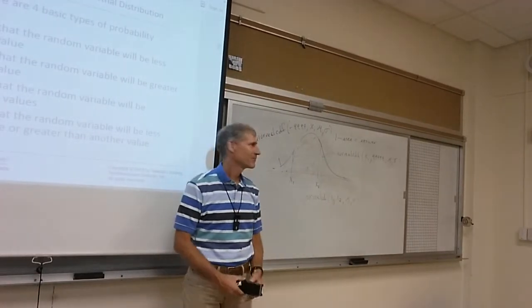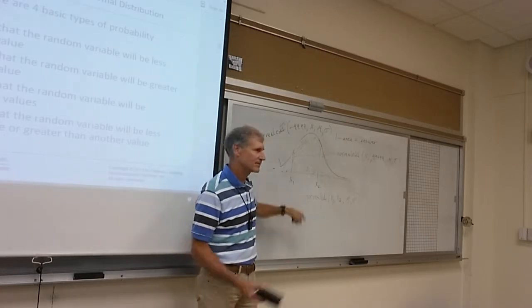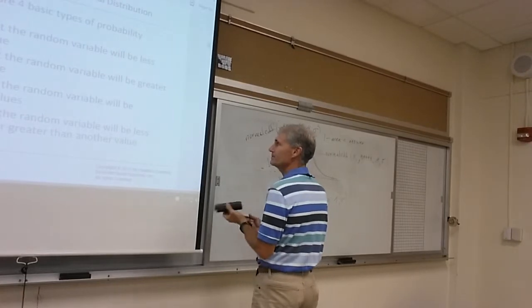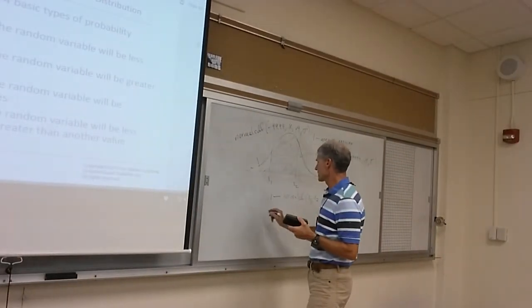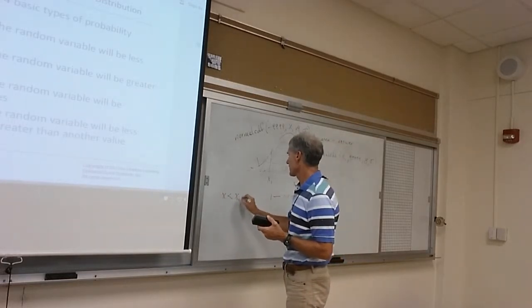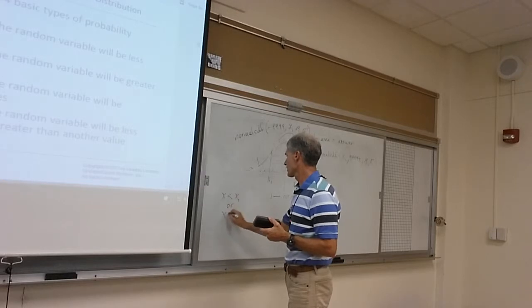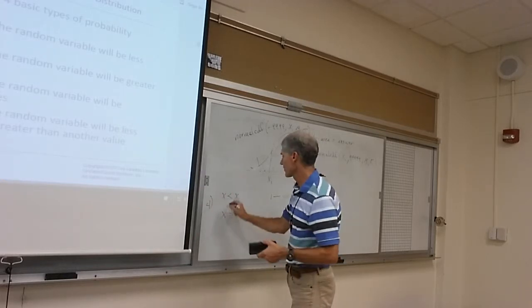Well, we already talked about that. The easiest way is to do 1 minus this. So 1 minus that is less than x1 or greater than x2. So this is case number 4.